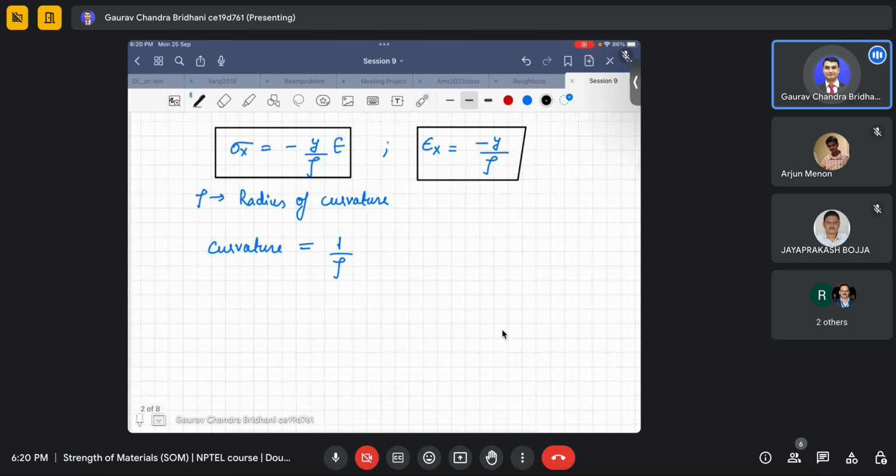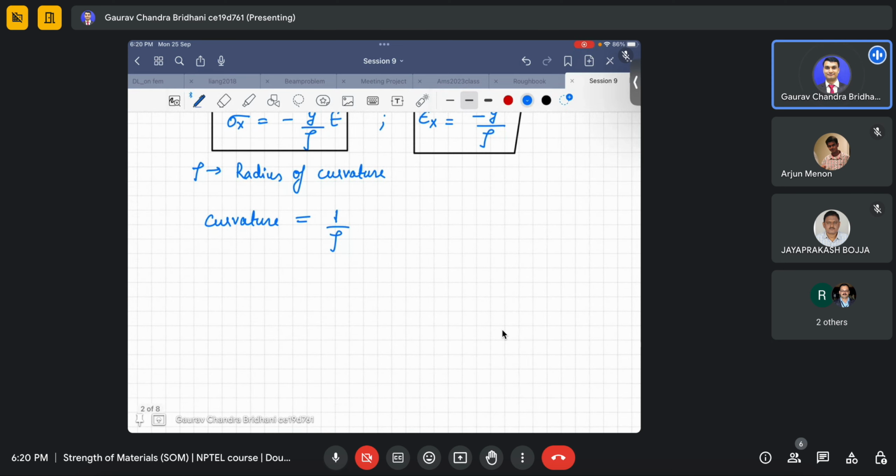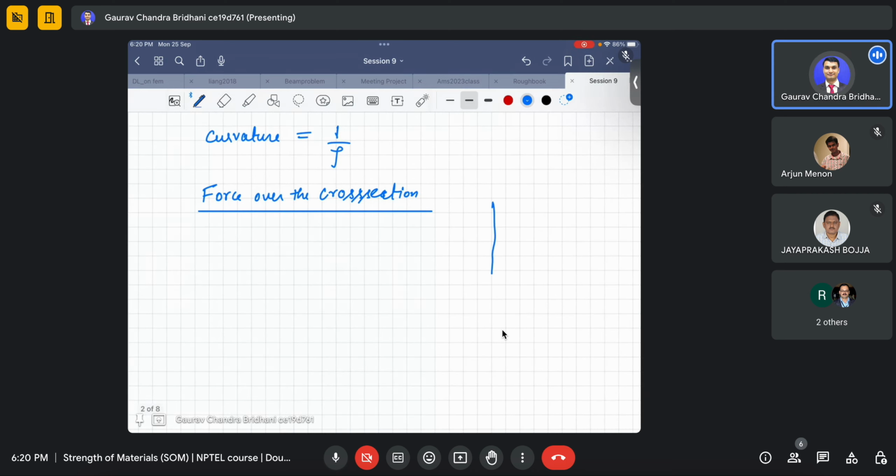Then comes the moment. Sometimes we need to find force also, so I will tell force first. Force over the cross section means, suppose this is a cross section of a beam, and suppose the stress varies like this.